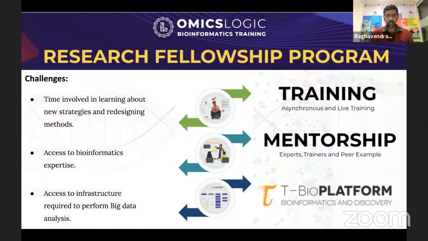Another big challenge in doing computational work or bioinformatics work is the limited access to bioinformatics expertise, or reduced availability of bioinformatics experts for students. So in this program, the research fellows will participate in cutting-edge bioinformatics research led by mentors like me, like Harpreet, and several other mentors.